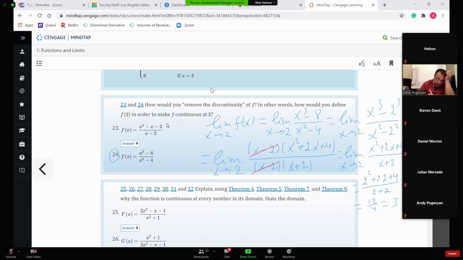So we need to define f of x equals 3 if x equals 2. So f of 2 equals 3. Then we remove the discontinuity.